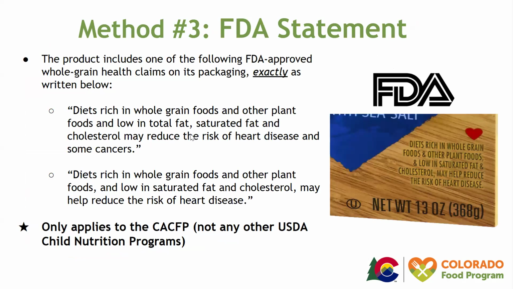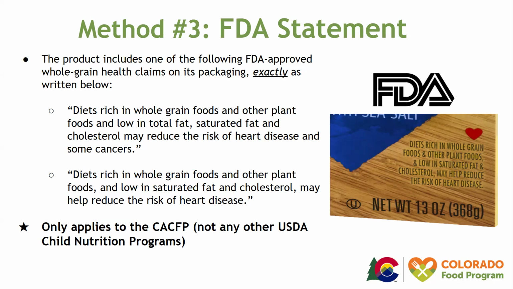So method number 3 is the FDA statement. This means that a product contains one of the following statements exactly as written. The two statements are: diets rich in whole grain foods and other plant foods and low in total fat, saturated fat, and cholesterol may reduce the risk of heart disease and some cancers. As you can see in the picture on the slide, that statement is exactly on this package.